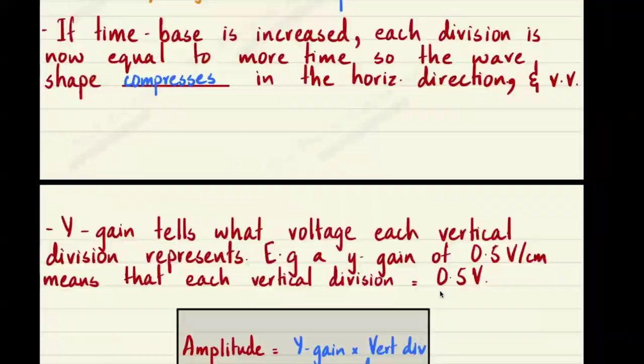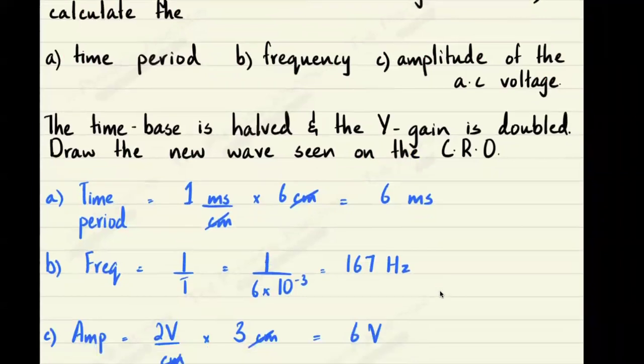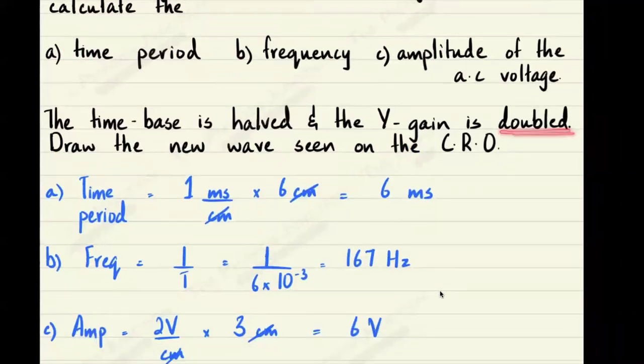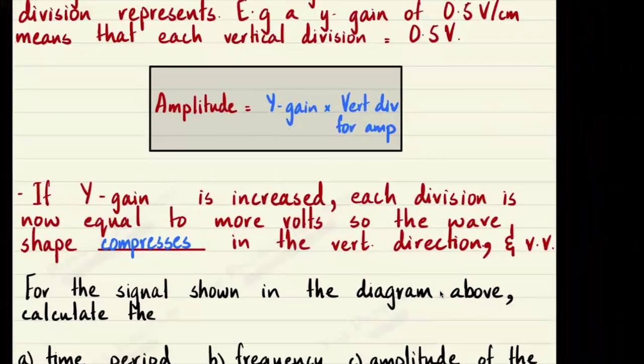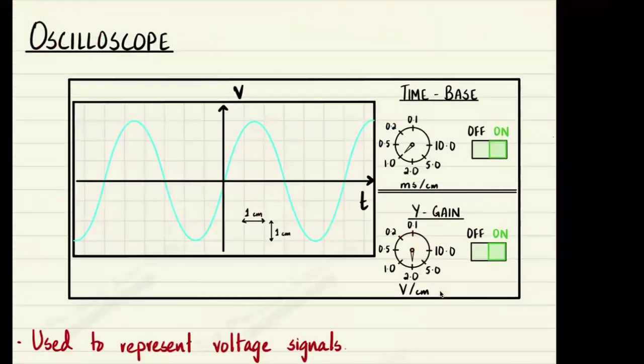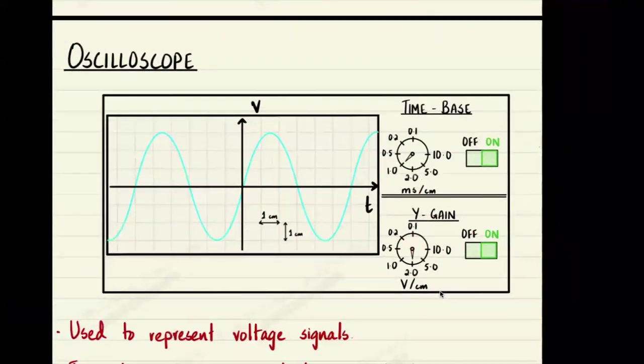But then we also have something for the Y gain. So Y gain is doubled. So if Y gain is doubled, then I need less, or precisely half the number of vertical divisions. So I know how my graph is going to look. If previously it was taking up 3 boxes, now it's only going to be 1.5. And if anybody is such a lover of the formula, for lack of a better word, you can also do this using the formula.